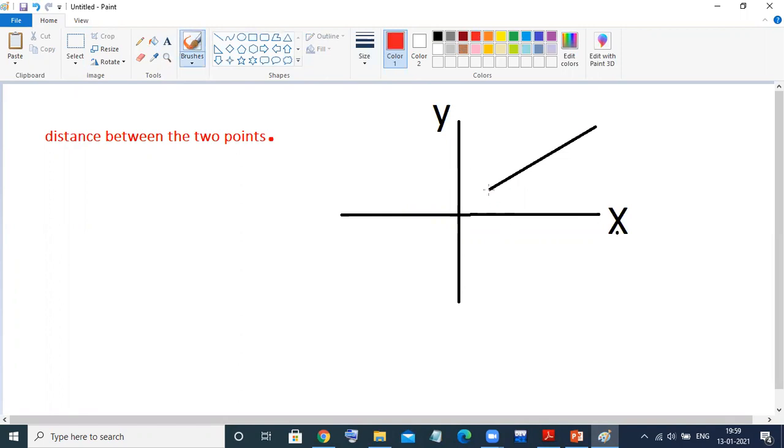Let us consider the x-axis is 2 and the y-axis is 1, so this point would be 2 comma 1. And this other point, let us consider the x-axis as 6 and the y-axis as 4, so the coordinates would be 6 and 4.